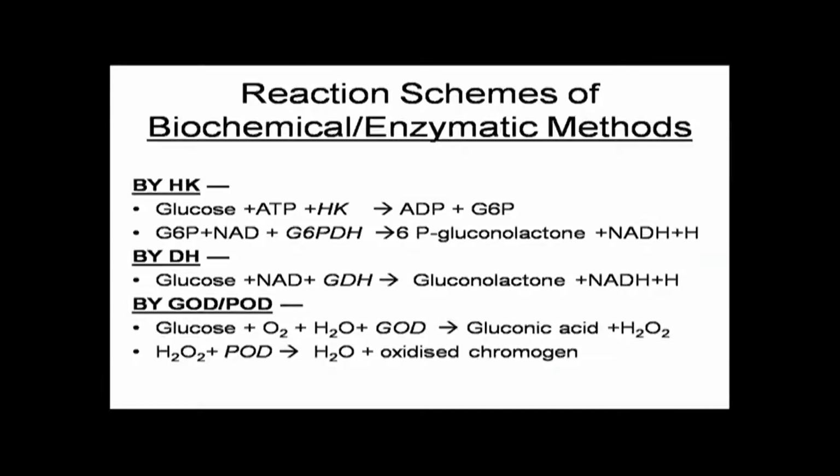Now students, you can see the schemes of these methods. In the case of hexokinase and glucose dehydrogenase, the glucose is converted to gluconolactone, and along with it, NADH is produced. And you know that NADH can be estimated spectrophotometrically at around 340 nanometer wavelength.